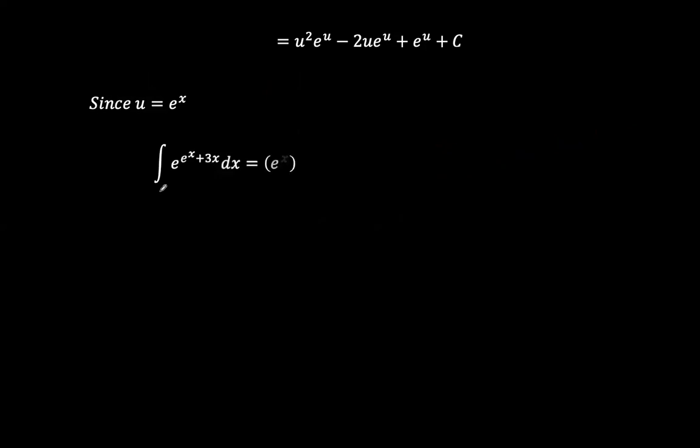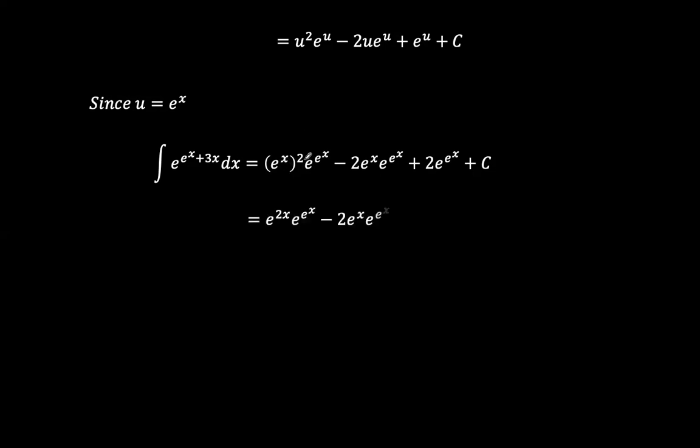So our original integral of e to the power x plus 3x is the same as e to the power x squared times e to the power x because of this u, minus 2 times e to the power x times e to the power x, plus 2 times e to the power x, plus the integration constant. We can rearrange things a little bit.